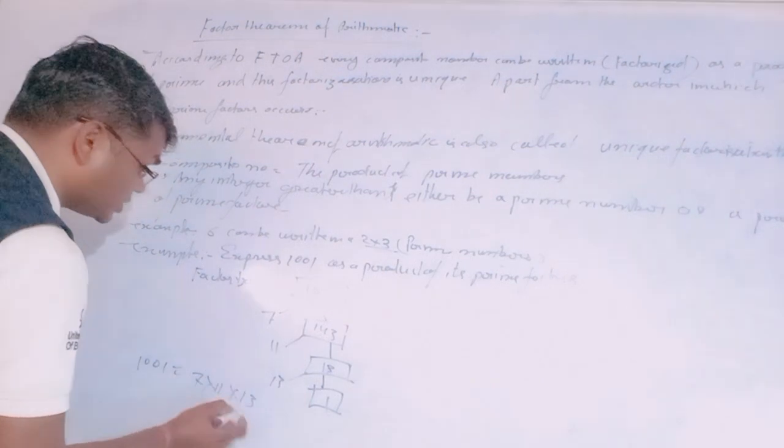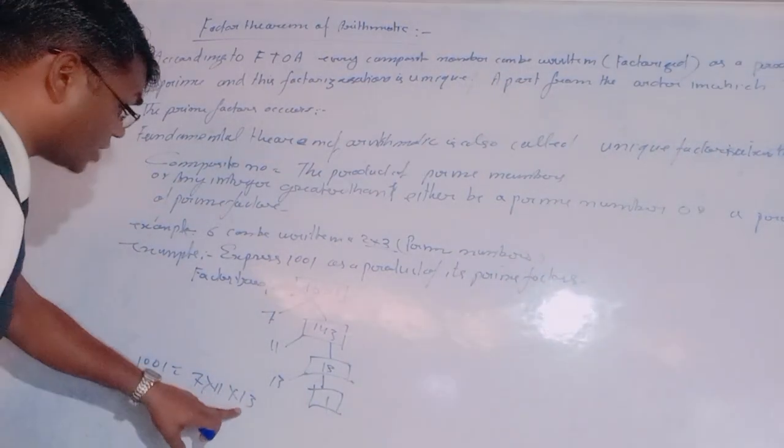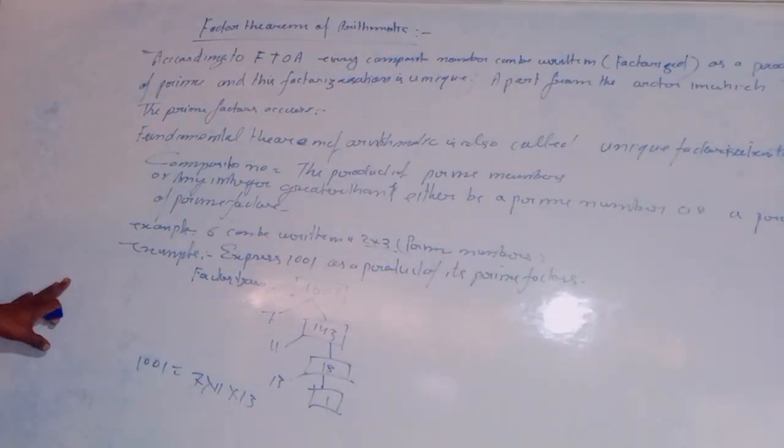These 7, 11 and 13 are prime numbers, and this is the factorization.